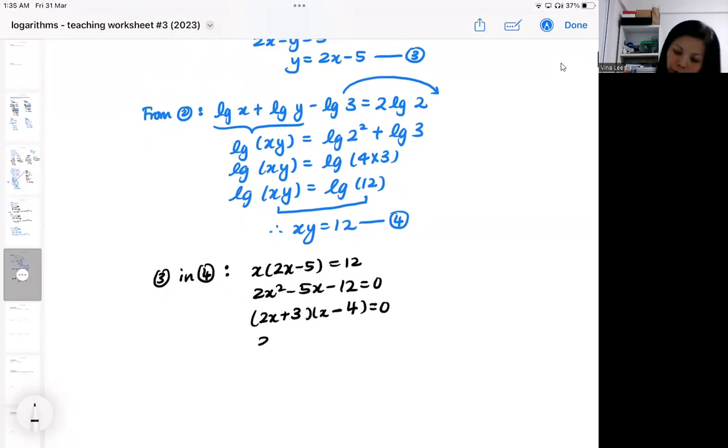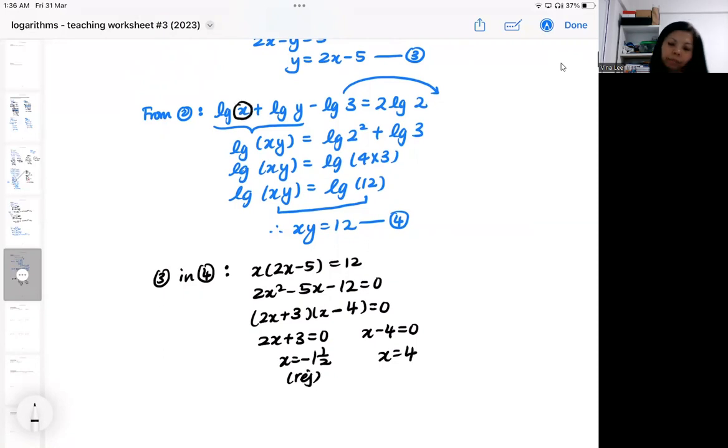Okay, so be careful when you got two values because of the nature of logarithm. You know that we might need to reject. So in this case, I'm already rejecting this because of the logarithm here.